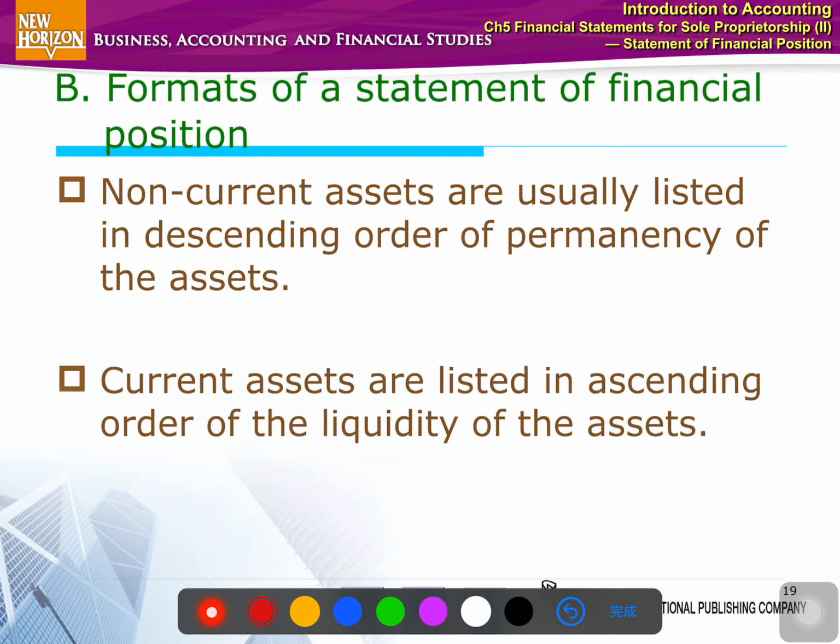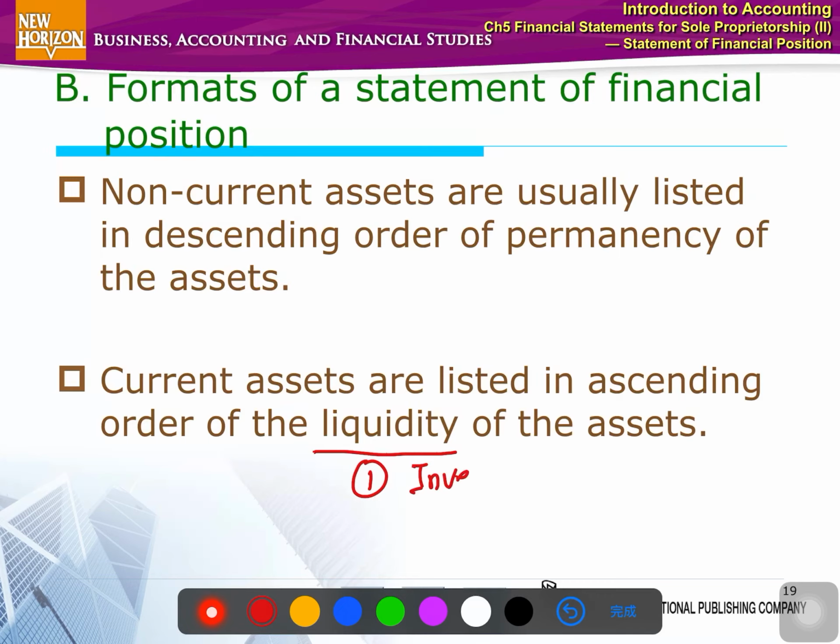Non-current assets are usually listed in descending order of permanency of the asset. That means if we bought the non-current asset first, we list it at the top, and the lower ones are the non-current assets we bought latest. For current assets, we list by liquidity.